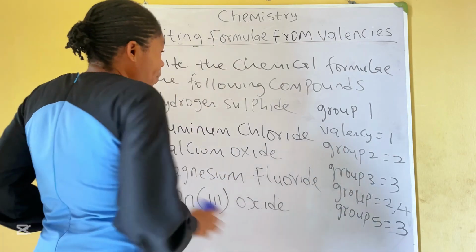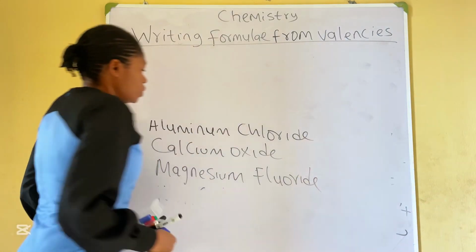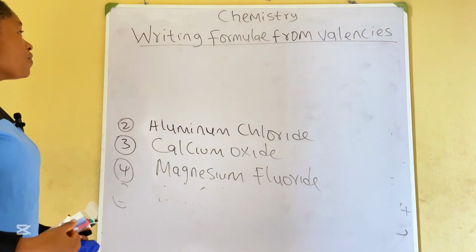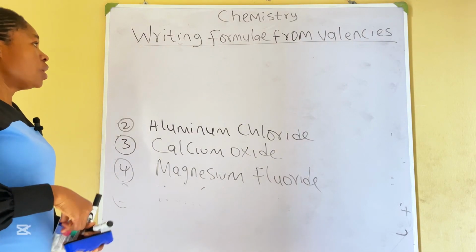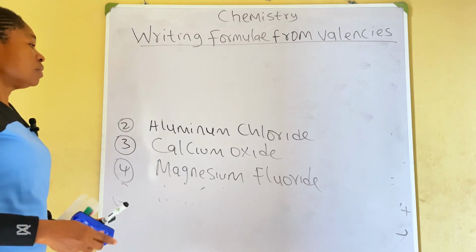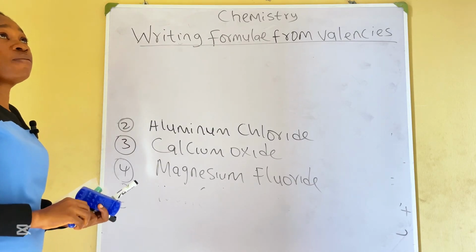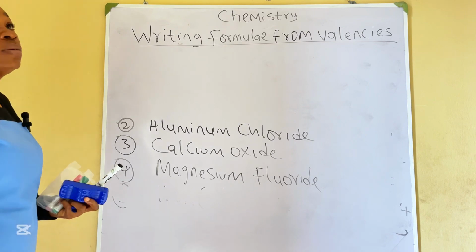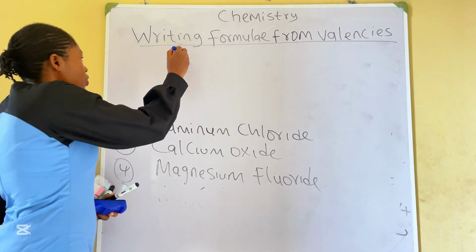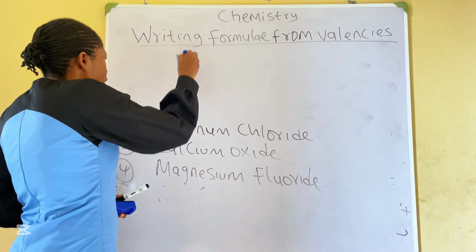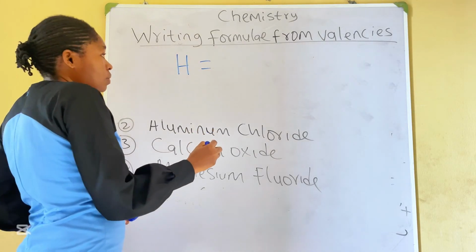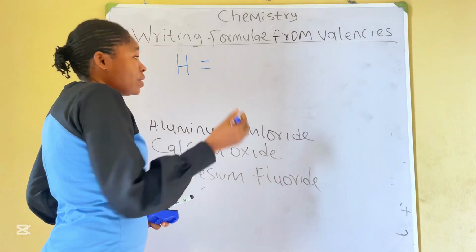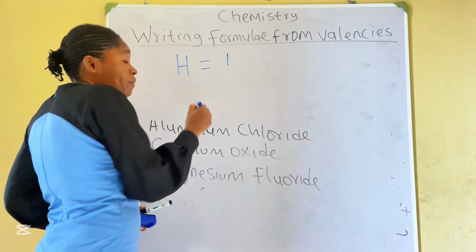Let's look at the rules that apply in writing chemical formula. Okay, so number 1 is what? Write the formula of hydrogen sulfide. The rule says write the symbol for the elements. Hydrogen. The symbol of hydrogen is H. What's the valency of hydrogen? In the table you are given, hydrogen is 1.